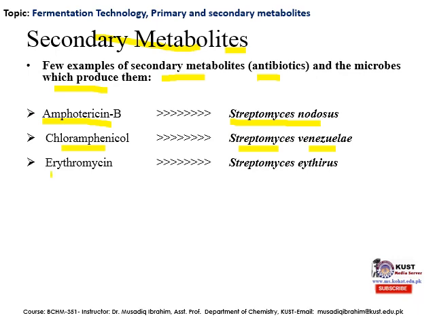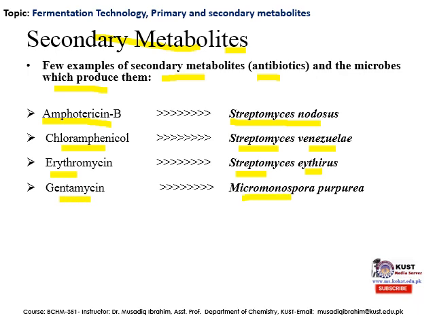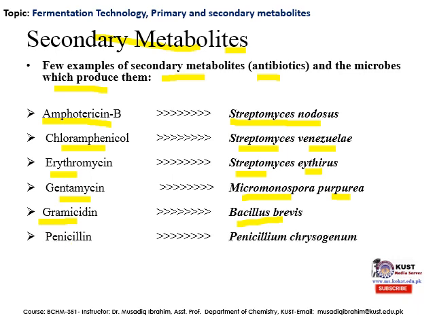Another example is erythromycin, produced by Streptomyces erythreus. Gentamicin is produced by Micromonospora purpurea. Another example is gramicidin, produced as a secondary metabolite by Bacillus brevis.